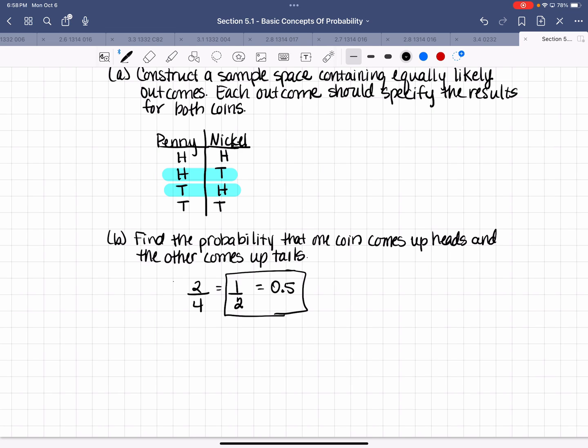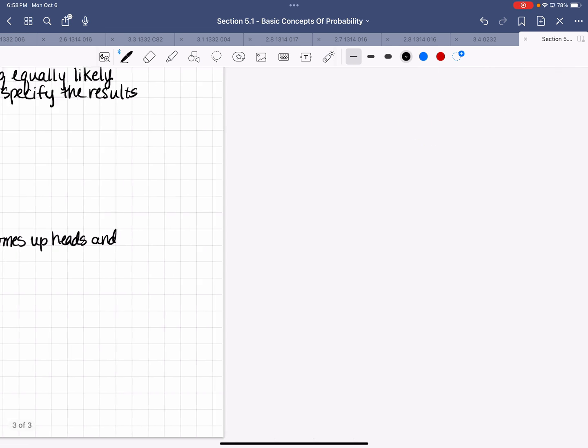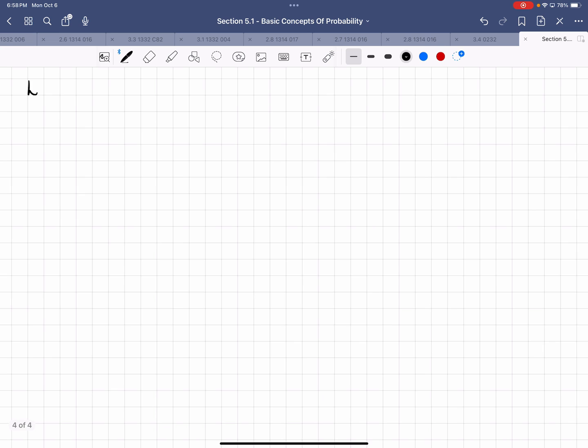Let's look at example 6. Example 6 says there are 10,000 families in a certain town.